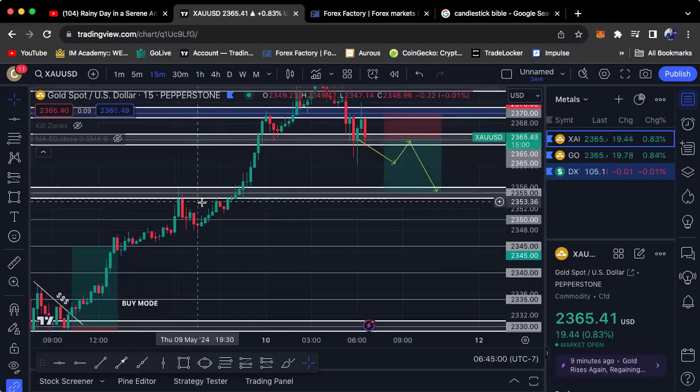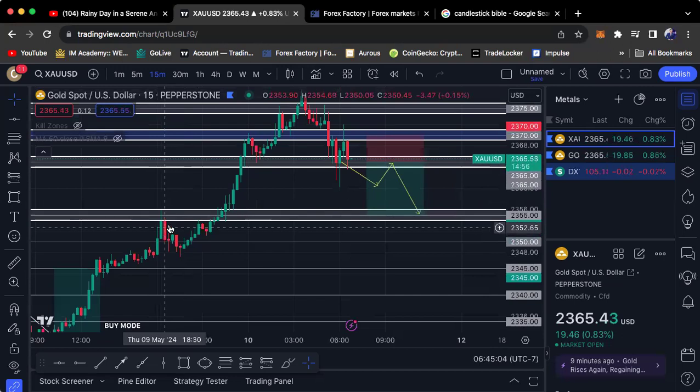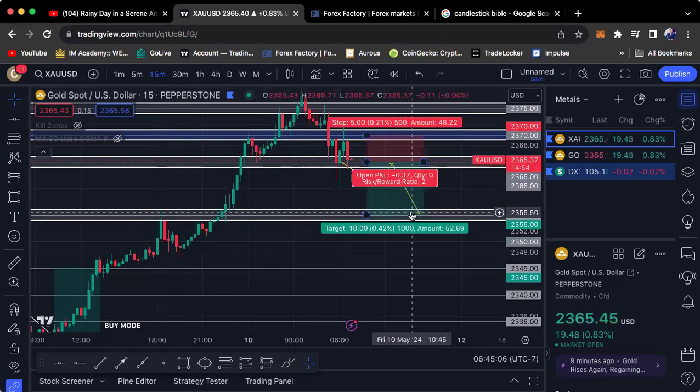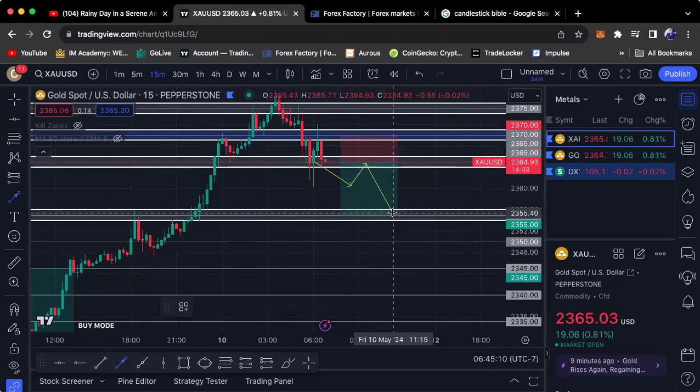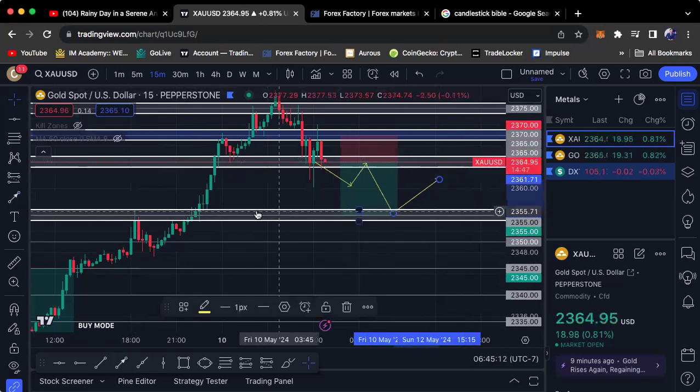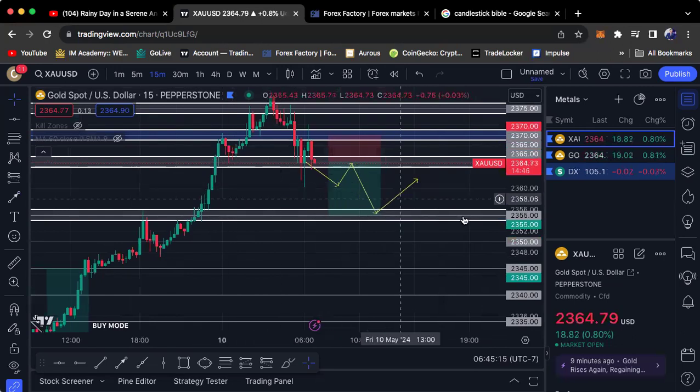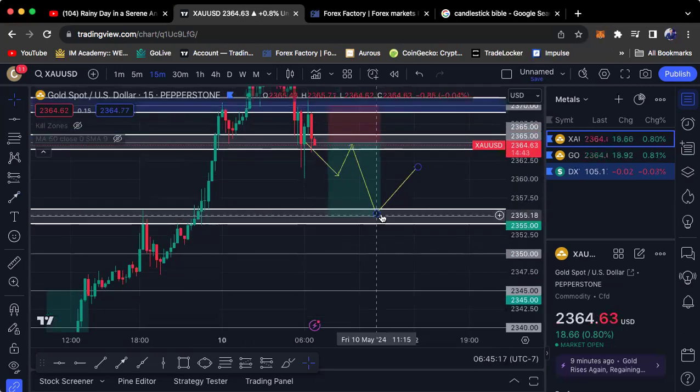There's support here. I'm sorry, resistance here. Resistance now becomes a support here, potentially. And then, boom. If it gives you a bullish confirmation candle here, then expect price to continue to the upside.